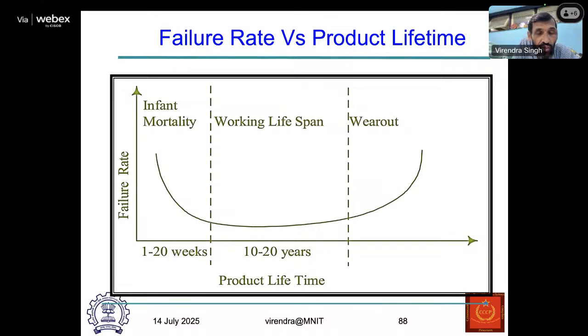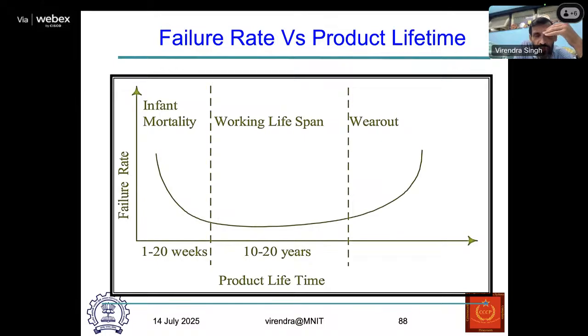Those are not bad devices at the time of manufacturing, but the defect starts to develop when the device is operating, and within a few weeks these chips will fail. This kind of chip failure we call infant mortality. So some of the chips do fail during the first few weeks.